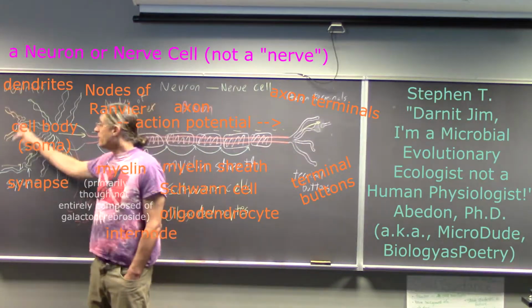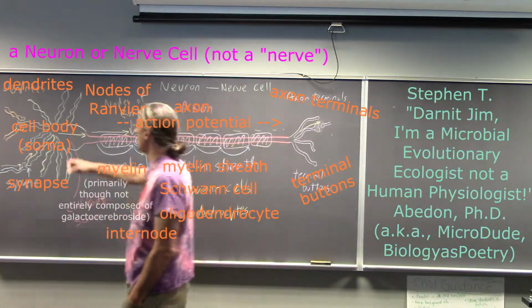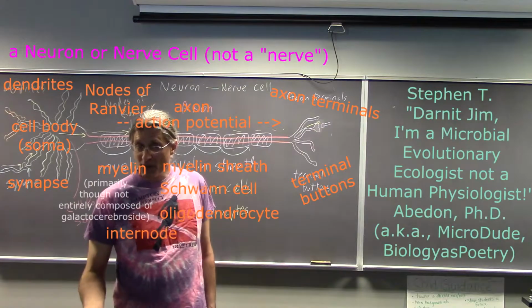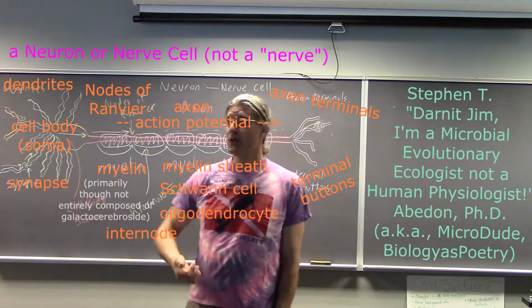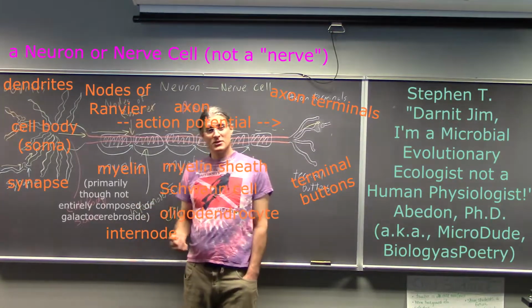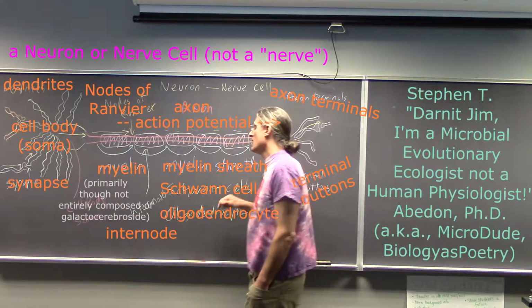But if you have enough neurons firing simultaneously, stimulating this neuron simultaneously, such that you get sufficient depolarization, that results in a threshold potential, which then turns into an action potential, and you have movement of the signal.